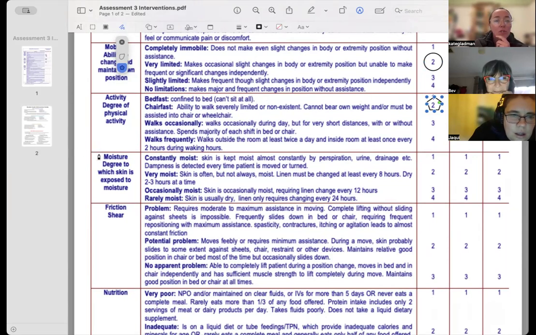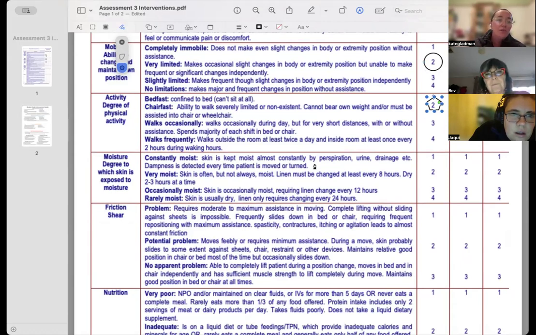And then we've got moisture, the degree to which the skin is exposed to moisture. Constantly moist: skin is kept moist by perspiration, urine, drainage, dampness is detected every time the patient is moved or turned. If someone's really incontinent, even if they do have a pad on, whether it be urine or feces, that's another risk of them getting a pressure injury.